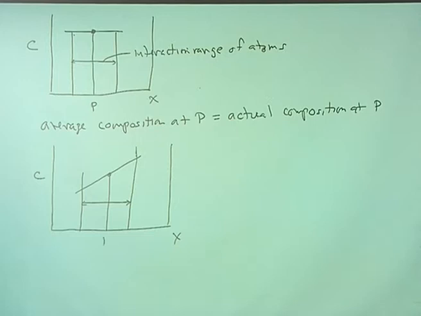So that's your interaction distance again. Here, the average composition is equal to the actual composition at P. But if you have a composition profile that has some curvature in it, so here's your atom at P, and let's say the composition profile looks like this, and here's your interaction distance.